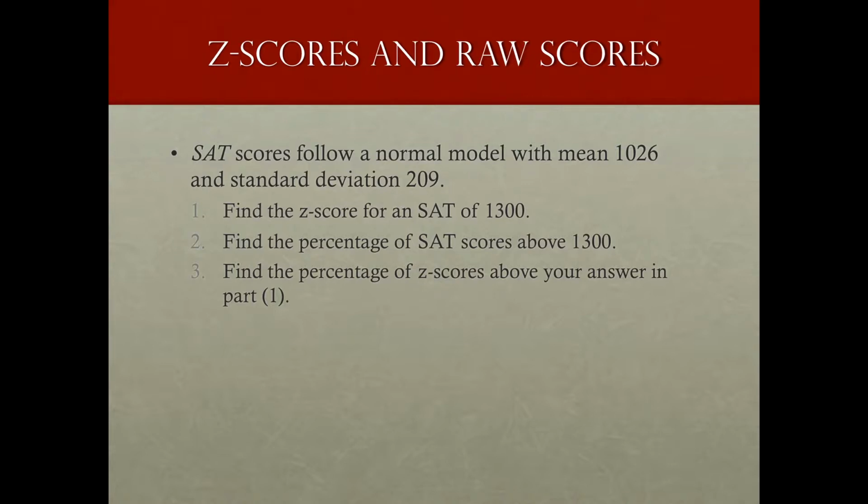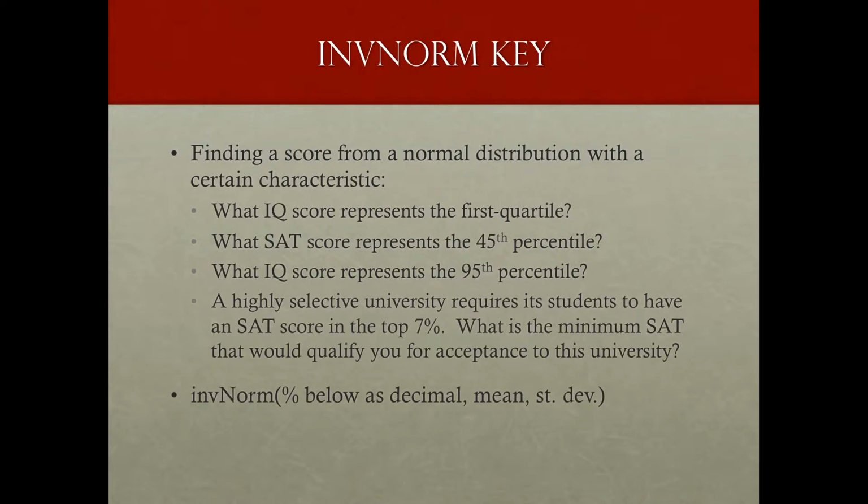So z-scores and raw scores: SATs follow a normal model, mean 1026, standard deviation 209. Find the z-score, find the percent of SATs above, and find the percentage of z-scores above your answer in part 1. So I'm going to illustrate these for you in just a second.